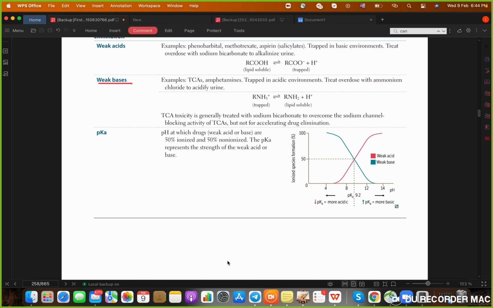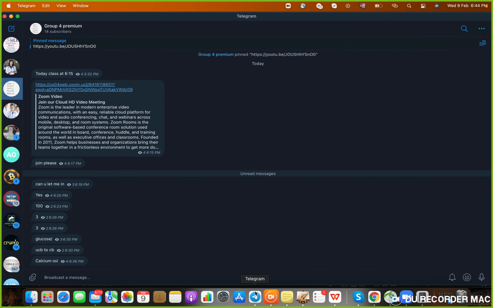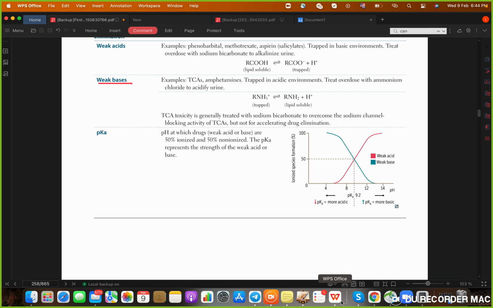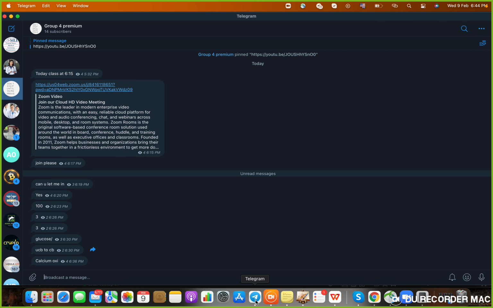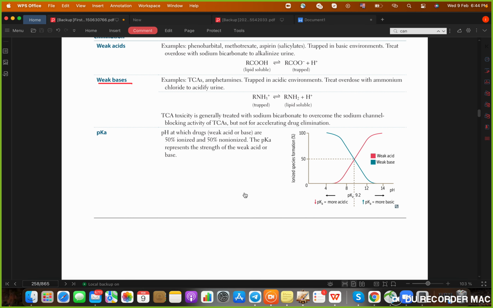So for a weak base, for the sake of getting the drug outside of your body, you must make the urine more acid, okay? So if you want to get a base outside of your body, make the urine more acid. If you want to take an acid outside of your body, make the urine more basic, it gets trapped, it gets out. Examples include TCAs, tricyclic antidepressants, and amphetamines.